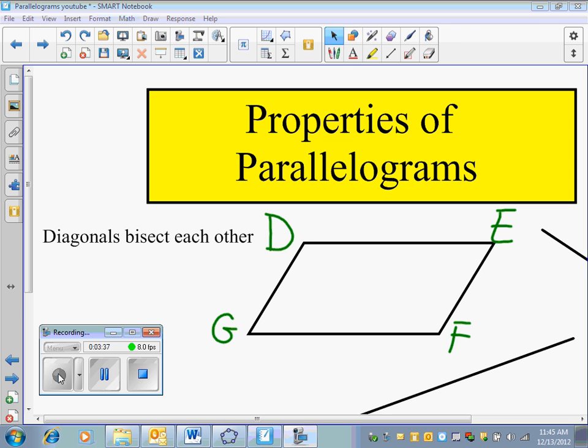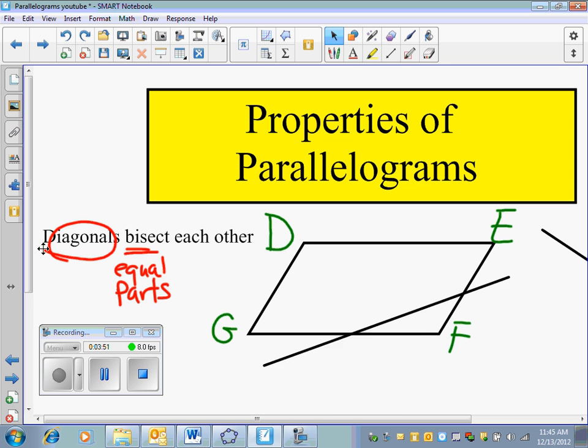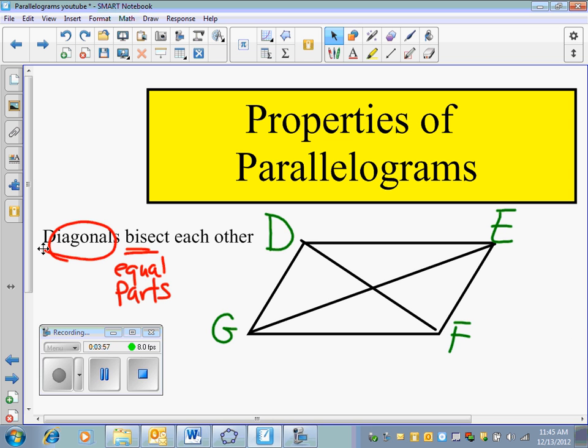The next property, the third one, is diagonals bisect each other. What does that word bisect mean? Split into equal parts. So, let's make a diagonal here. We have a diagonal here that's called GE. And the other diagonal here is called DF. And if they bisect each other, then they split each other into congruent parts.